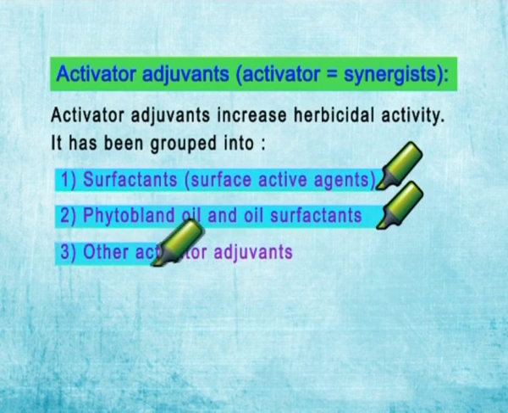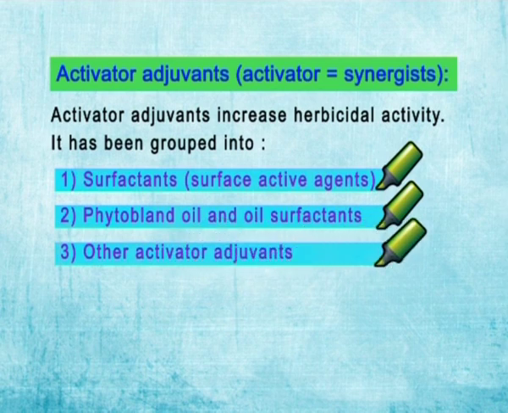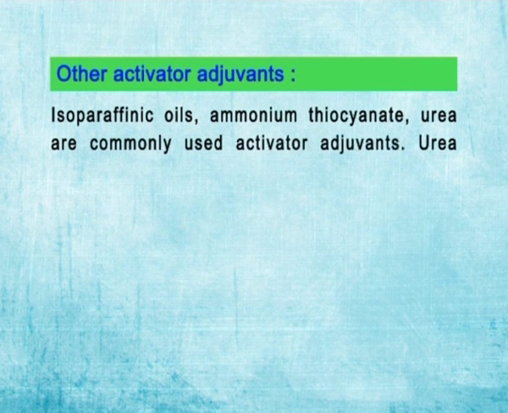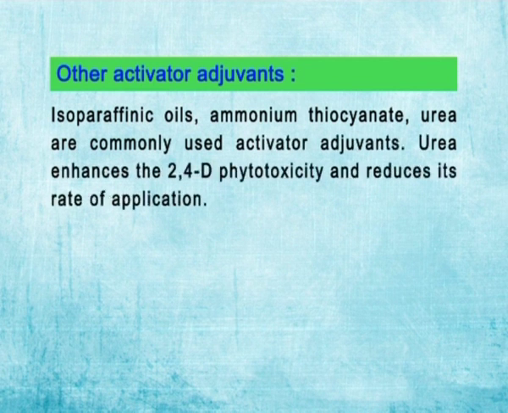Number 3. Other activator adjuvants. Isoparaffinic oils, ammonium thiocyanate, and urea are commonly used activator adjuvants. Urea enhances the 2,4-D phytotoxicity and reduces its rate of application.